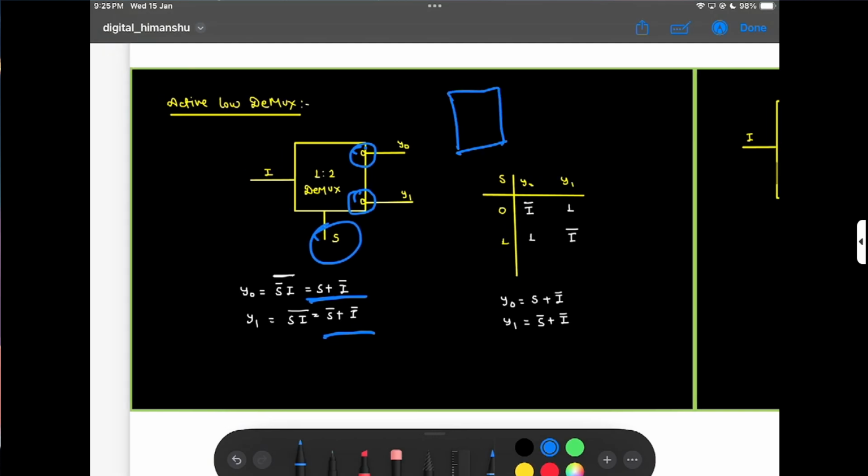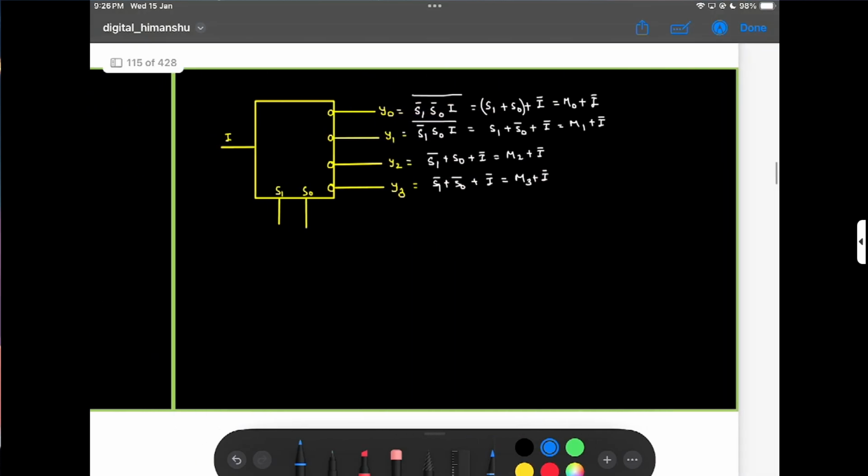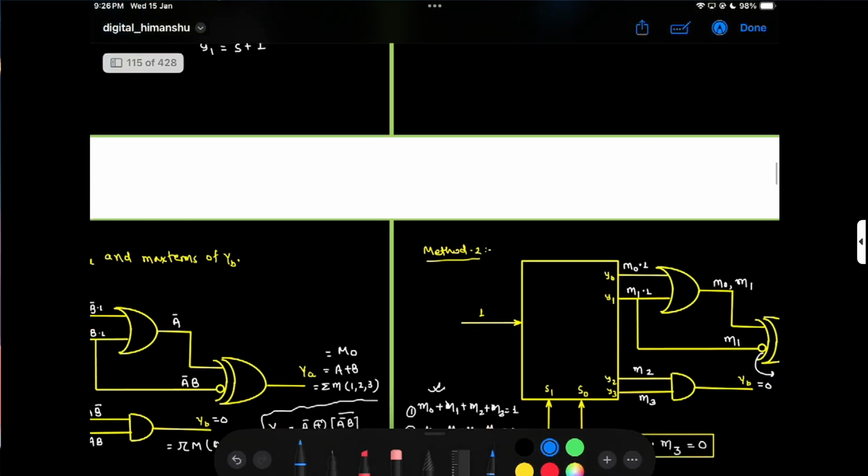Previously, active high means taking one input and one select line, giving two outputs. If you put a NOT gate here, then it becomes an active low demux like this. Here is the active low demux of 1 to 4.